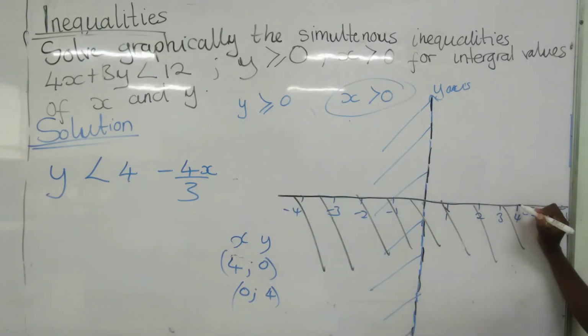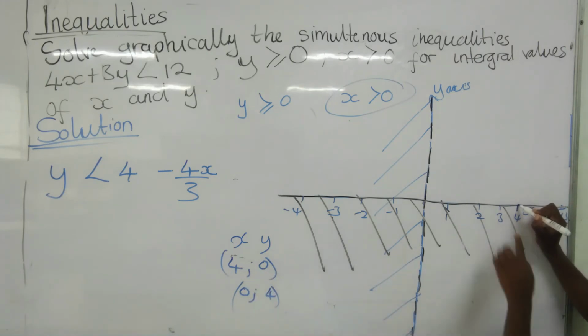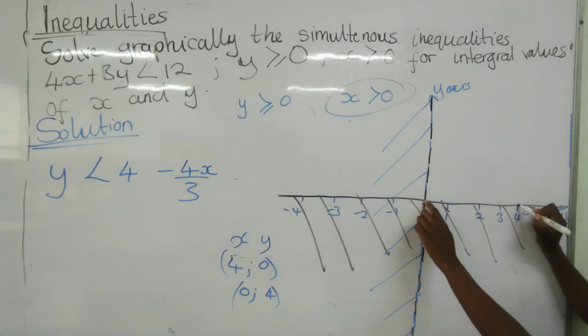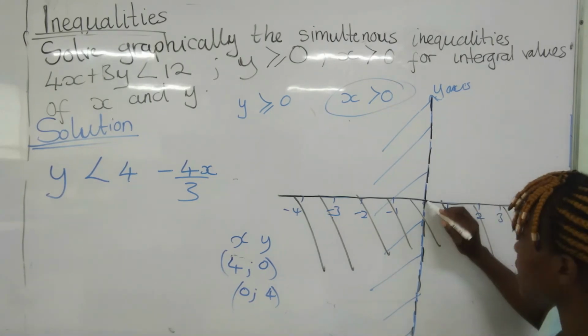For the first part it is going to be 4, 0: our x-axis is 4, our y-axis is 0. For the second part, x-axis is 0, y-axis is 4.